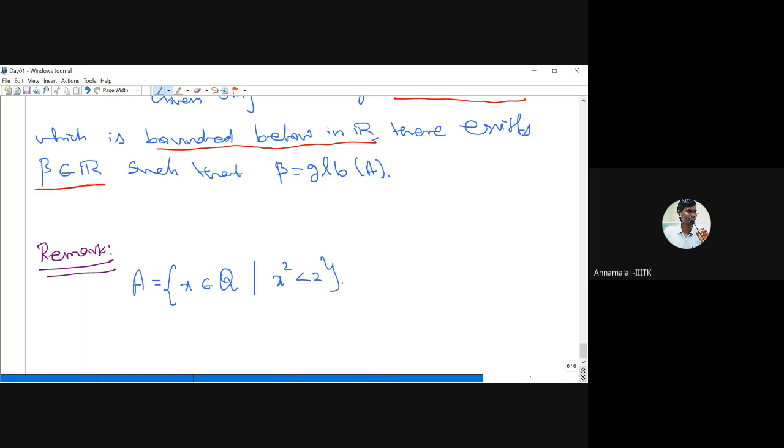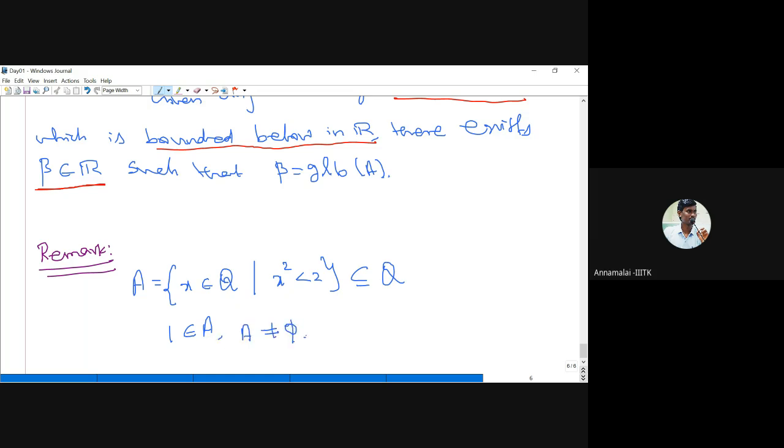Clearly this is a subset of Q because we are collecting elements from Q. This set is non-empty because 1 is a member of A: 1 squared is less than 2, and 1 is a rational number.